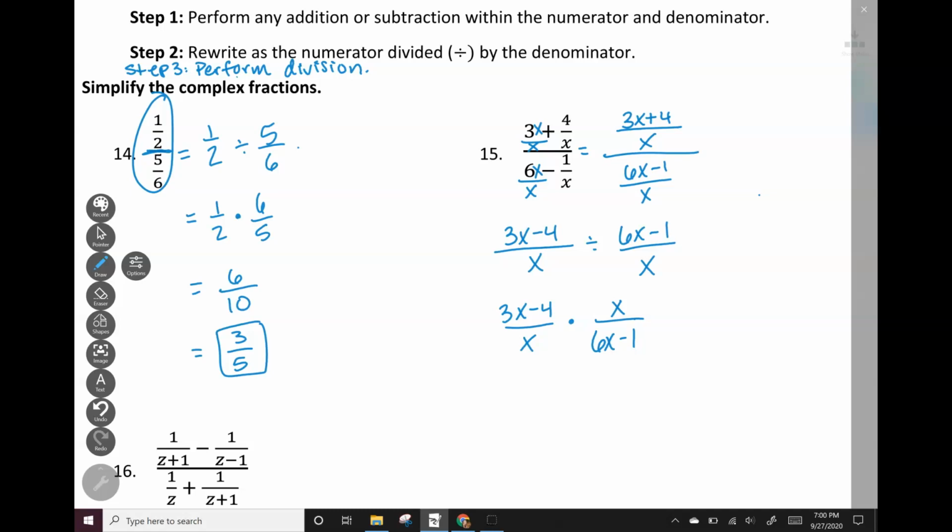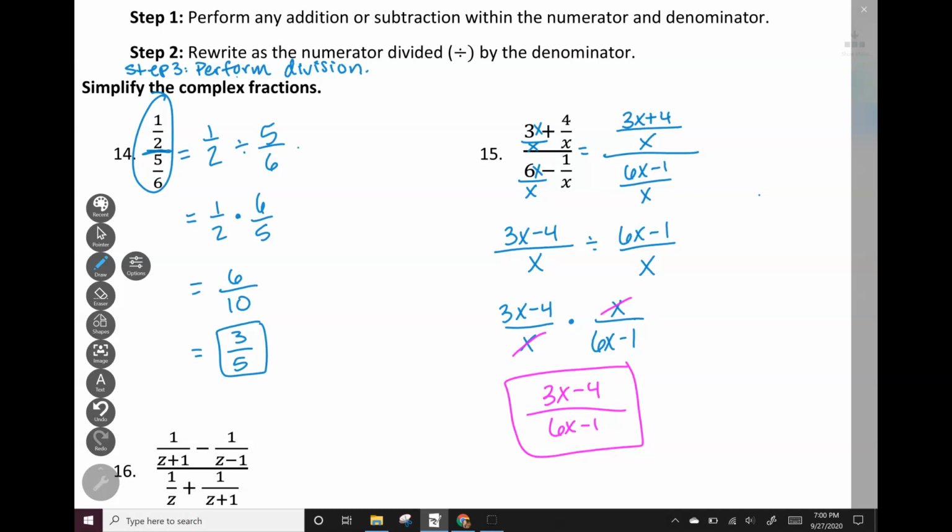If you could have factored anything out, any GCFs, you would want to do that, but we don't have any here, so I'm just going to cancel anything that appears in the top and the bottom. That's our x and x. Now I can multiply straight across: 3x plus 4 over 6x minus 1.